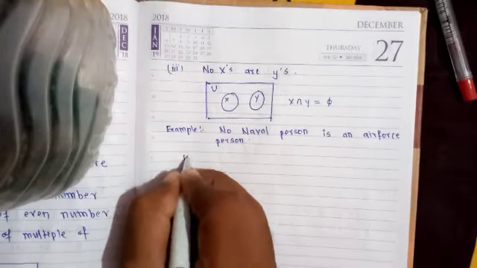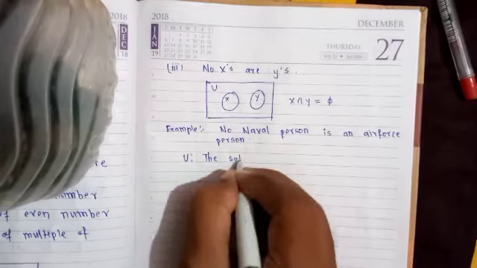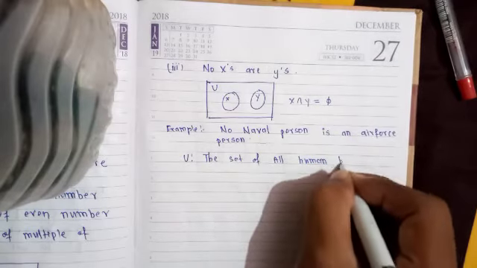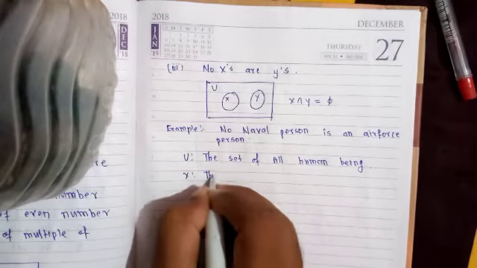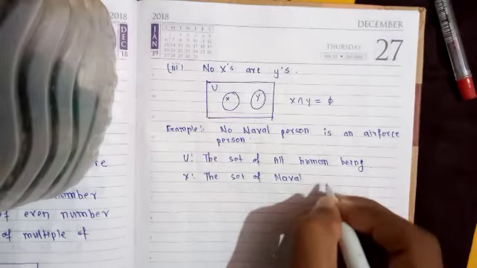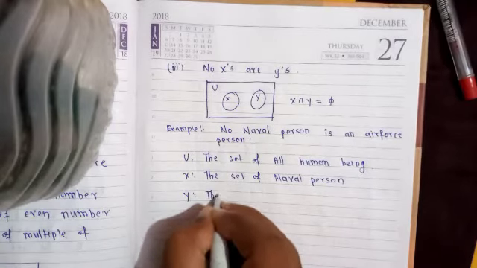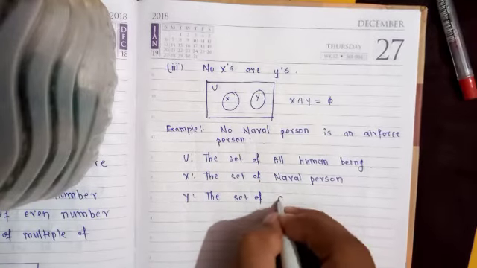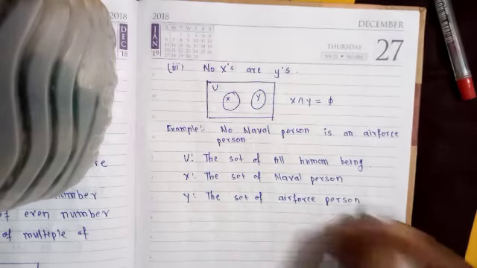First we will define the universal set of all human beings. Then X will represent the set of naval persons, and Y will represent the set of Air Force persons.